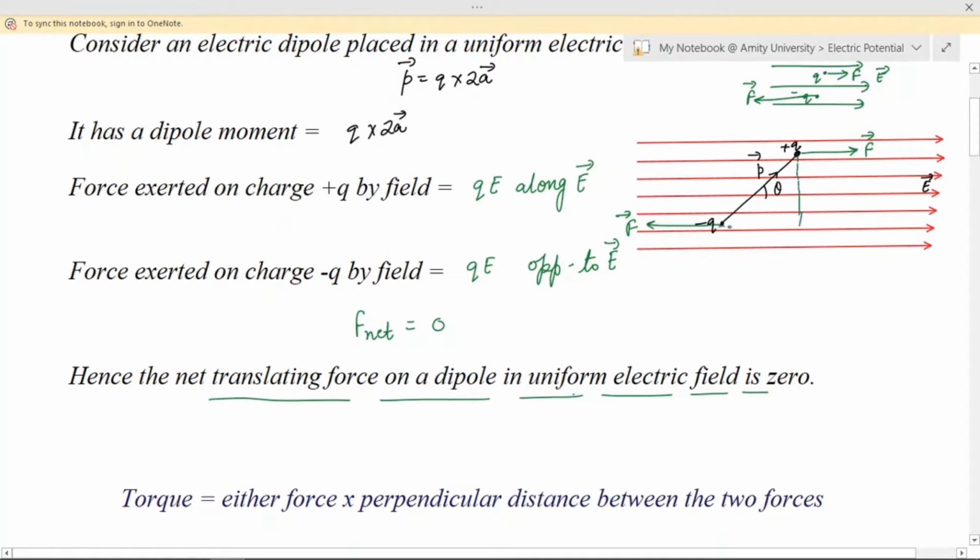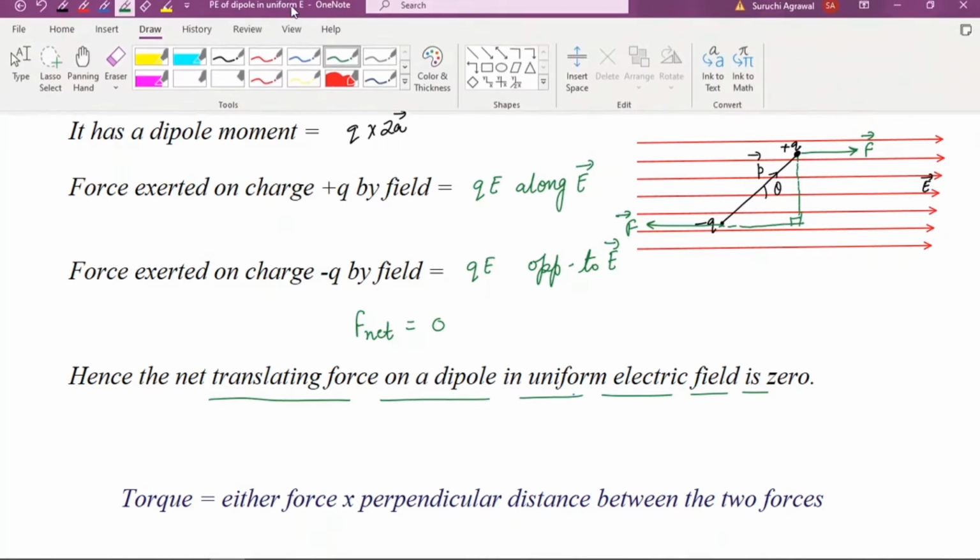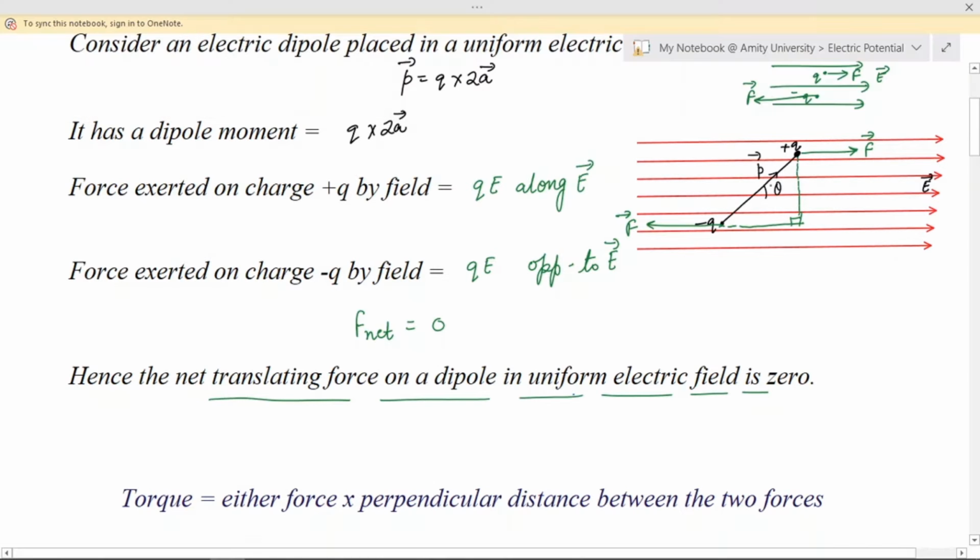If you look at this, just drop the perpendicular, and let us label this triangle as triangle ABC. Now these forces F and F, which are acting on these charges, act like this: one force in this direction, the other force in this direction, such that it forms a couple of forces.